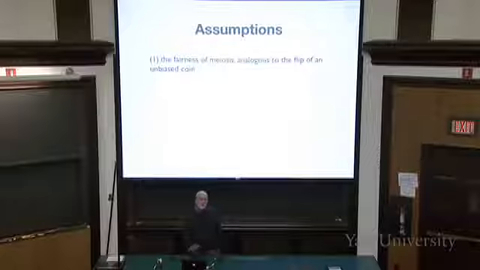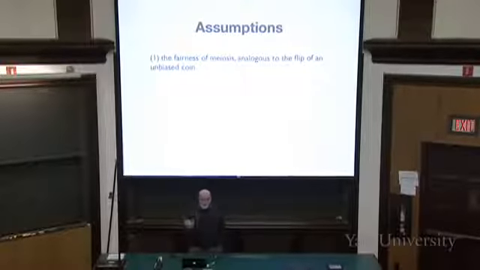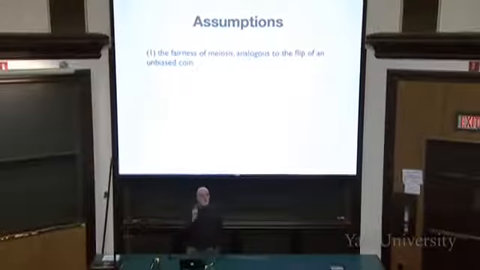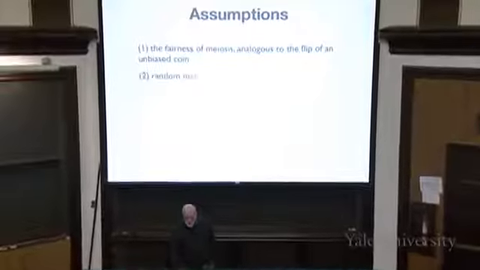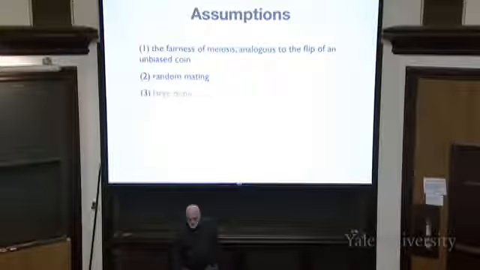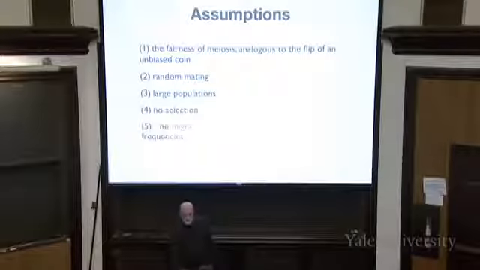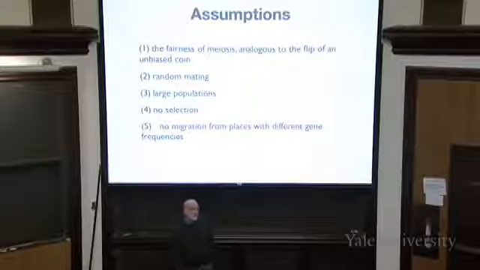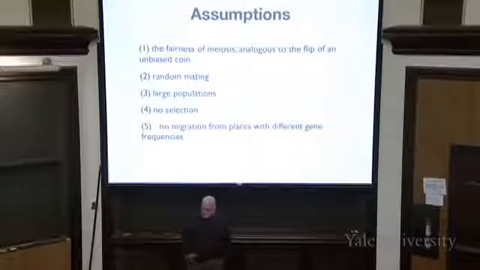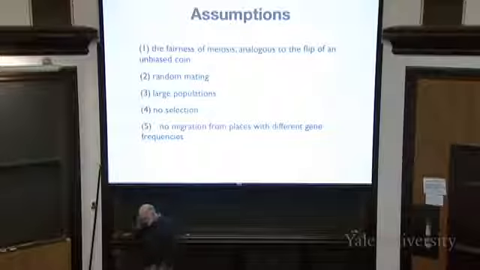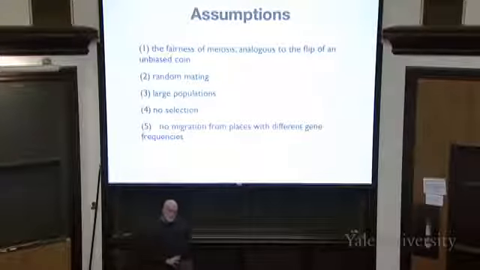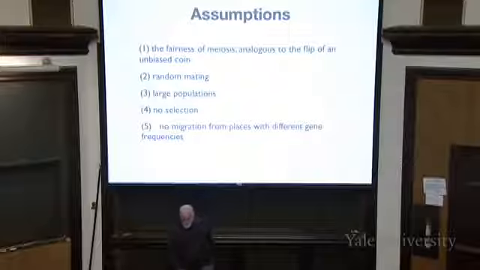The assumptions behind those statements are that meiosis is fair, so that it's just like flipping a coin. It's 50% probability whether you will get one or the other allele in any particular mating. That mating is random, that there are large populations, that there's no selection, and there's no migration. So this is kind of an ideal gas law for biology. And such laws are very useful in physics and chemistry, and this one is particularly useful in evolution.